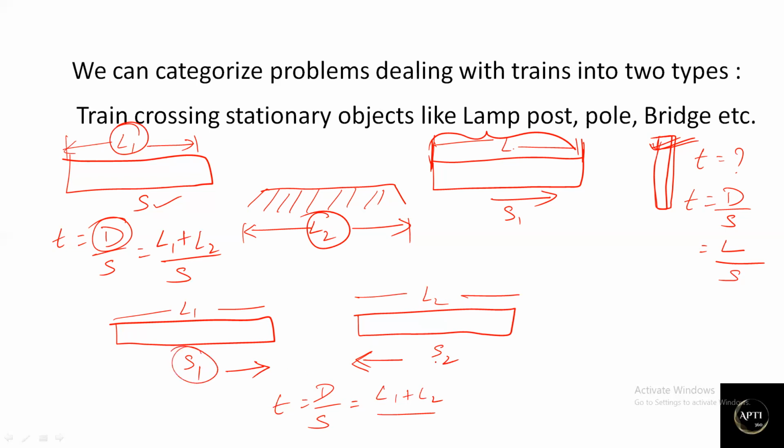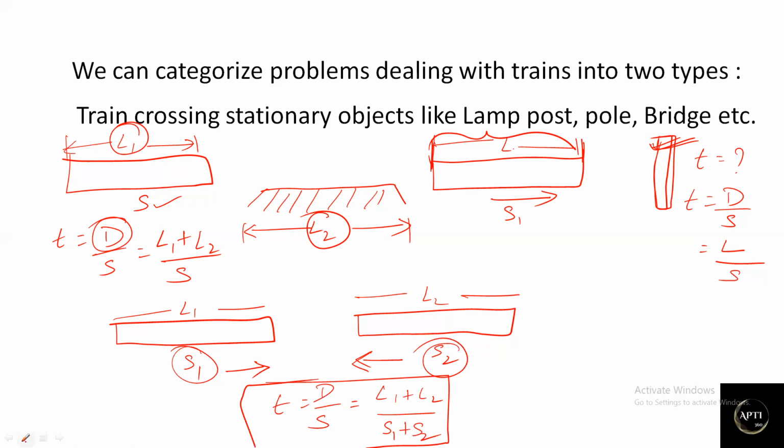For stationary objects we don't have any speed, but for moving objects we do. Since both are moving in opposite directions, the relative speed is S1 plus S2. So this is the condition for finding the time taken by both trains to cross each other, and I hope you are all clear with this.